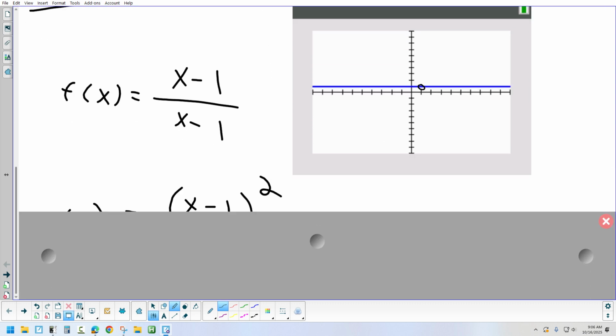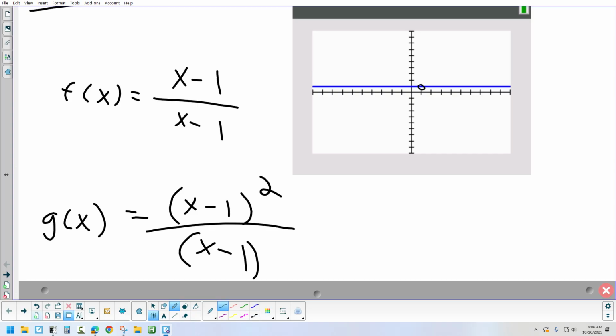Now, if I graph this one, what value is this undefined for? Marcelo? It's undefined at 1. Hole or asymptote when we graph it? Hole. Yep, it's going to be another hole. And if you simplify that, what would that simplify to? (x minus 1) squared divided by x minus 1.